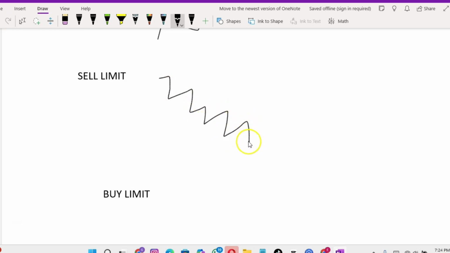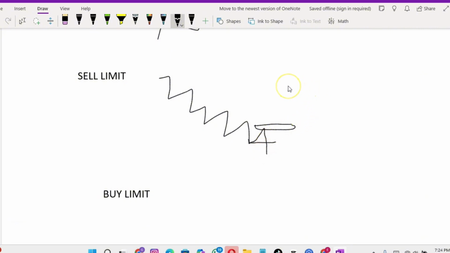And you want to get into this market, but you don't want to enter at this current market price. You place a pending order above this price. That's a sell limit order. Now, if the market should go up or retrace and trigger you in, a sell position is going to be open, right?